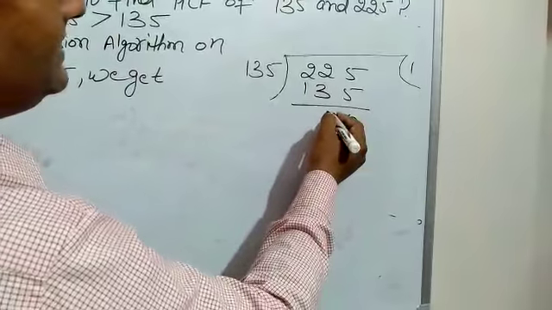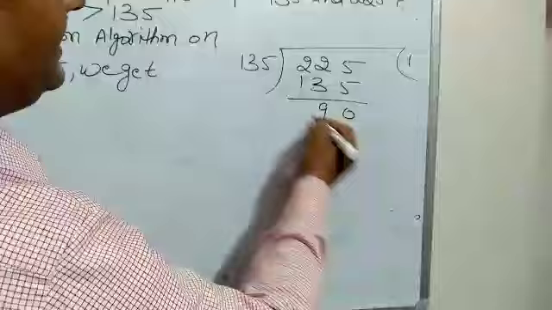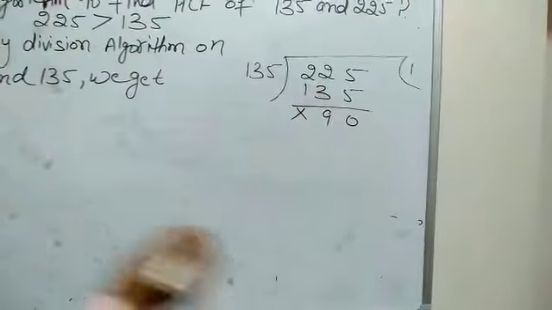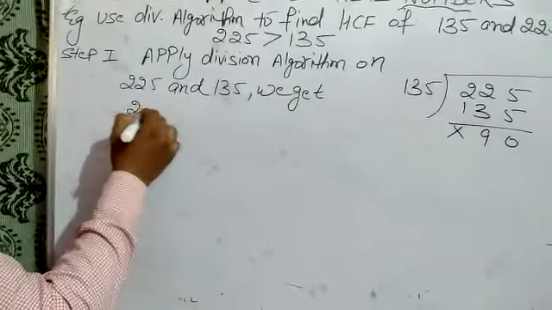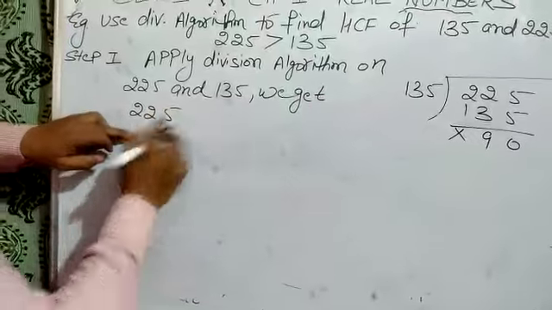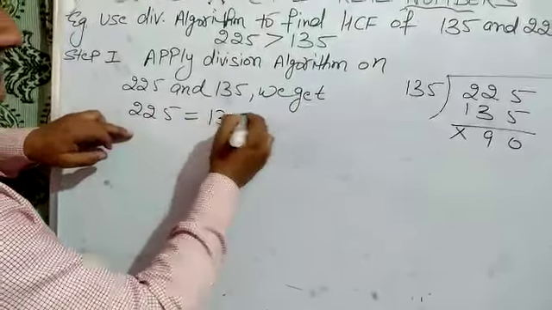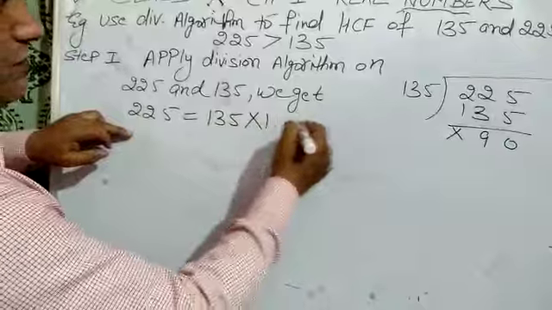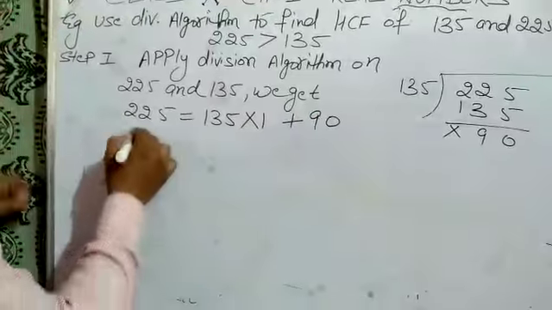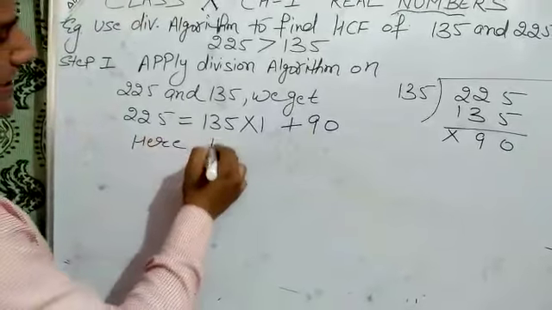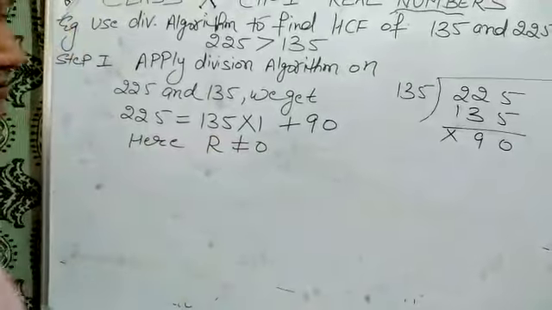Then 12 minus 3, 9, the 1 cancels out itself. So you can see that we get 225, that is your dividend, equals divisor 135 into quotient 1 plus remainder 90. So here the remainder is not equal to 0.